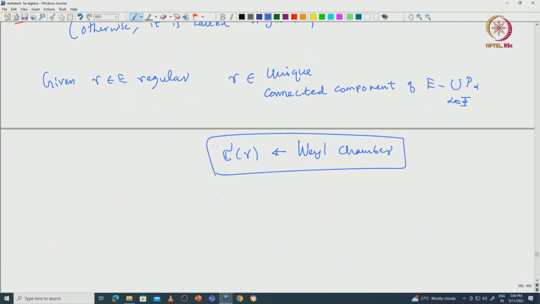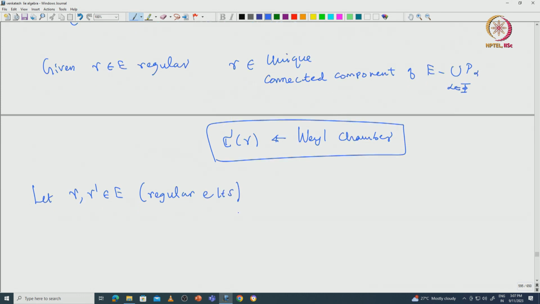Now, if we take this gamma that is regular, and then you take some other gamma dash that is also regular, here is the observation. Gamma, gamma dash both are in E, both regular elements.